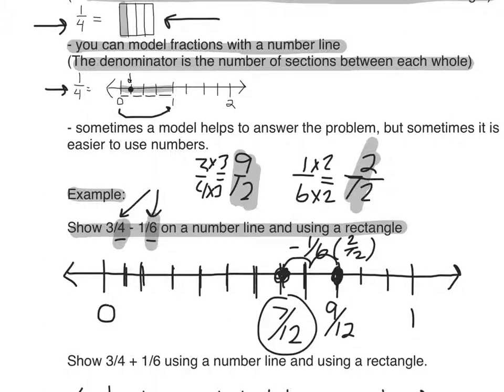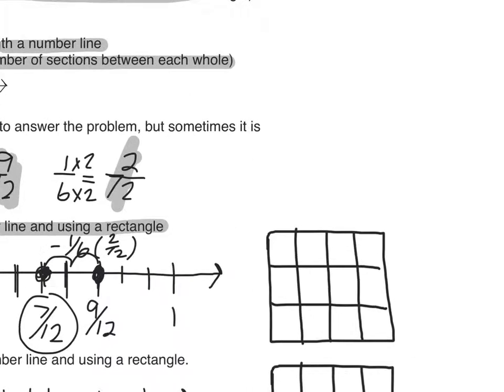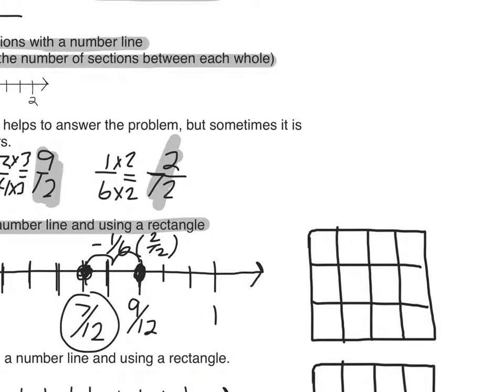We can show that using a rectangle also. So if we slide over here, let's just remember what our fractions are. 3/4 is equal to 9/12. So I made 12 boxes. Remember, use the common denominator to figure out how many total pieces there should be in the whole. Now I need to shade in 9 of those because 3/4 is 9/12. So here is 3/4. And now we're going to subtract 1/6.